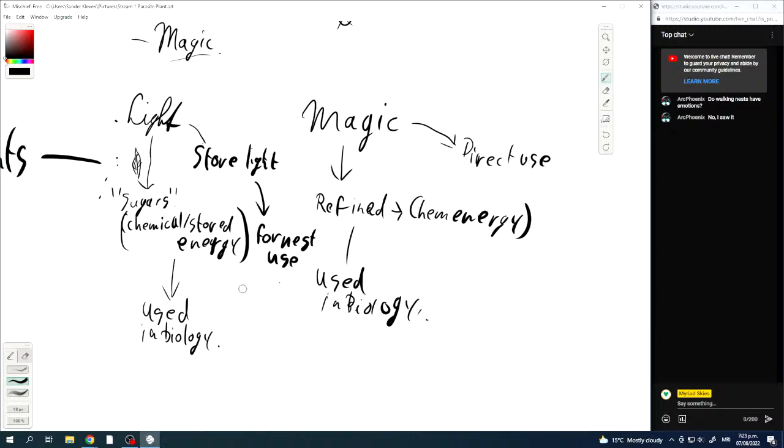So for example, I imagine that it might primarily be plants that gather it, but there might be animals that gather specific types. No, I think it's mostly plants. I think most of the resources for the walking nest will actually come from plants directly and not so much from animals.